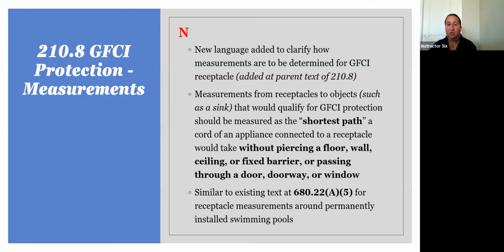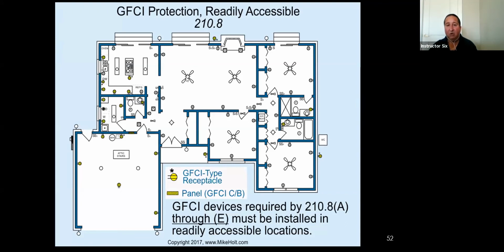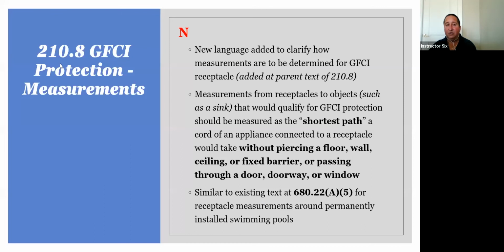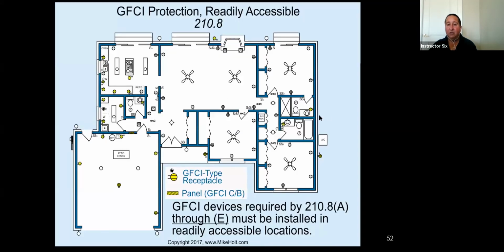So if you look, and we'll get back to it a little later, that's the requirement in 210.8, the measurements. Another change was that they added E to 210.8(A), (A) to (E). In the 2014, it was A through D. Now they added E, and we'll go through what E is.